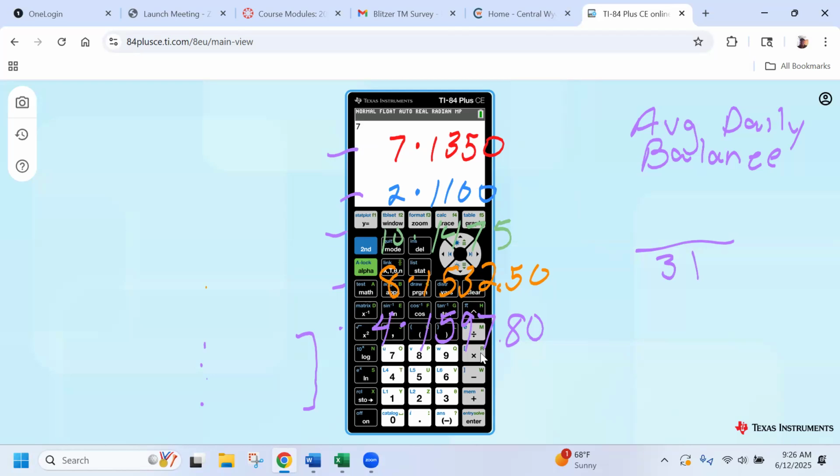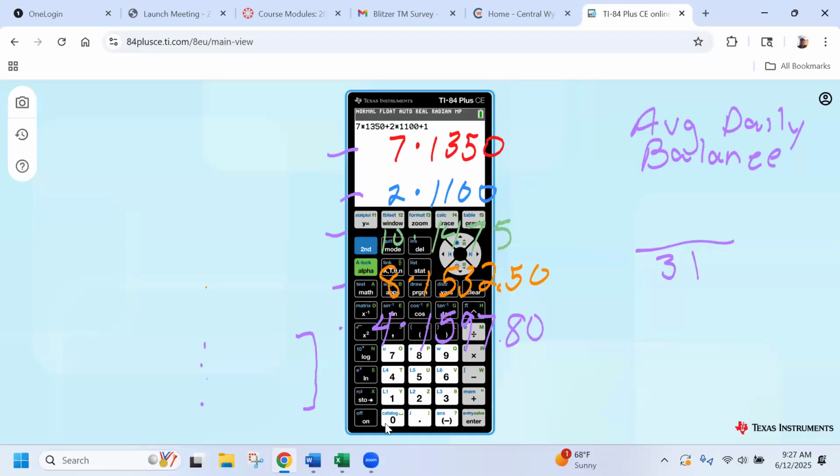7 times 1,350 plus 2 times 1,100. We do not have to worry about parentheses here because the multiplication will take power over the addition. So I'm just going to leave it out.